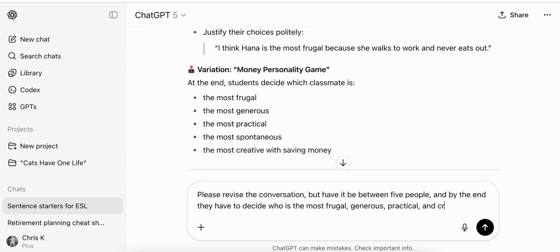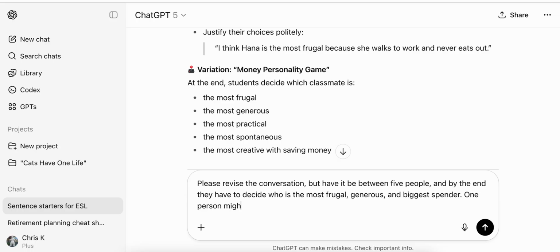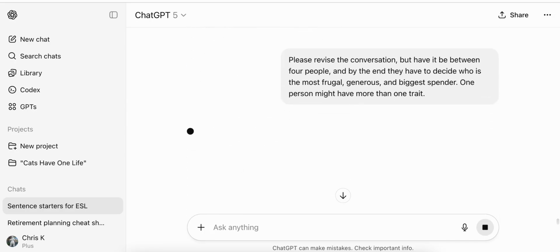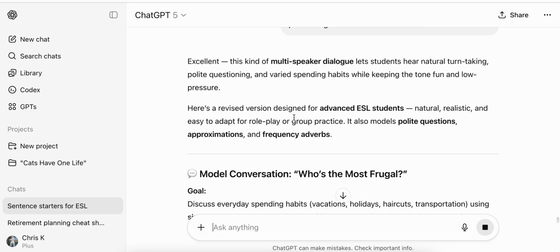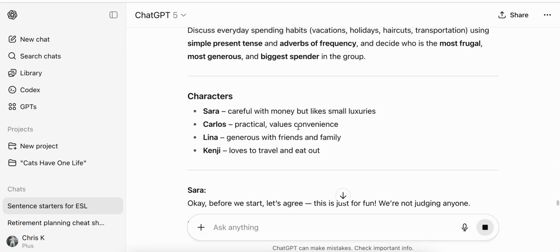Well, let's do most frugal, generous, and biggest spender. So we'll just do 3 for this one. Let's do 4 people. One person might have more than one trait. Okay, let's see how it goes. Turn taking. I like this idea. Turn taking. Polite questioning. Okay. So we got 4 people.